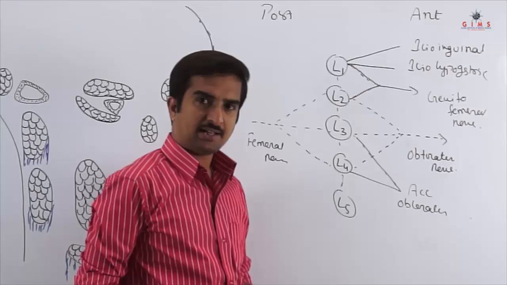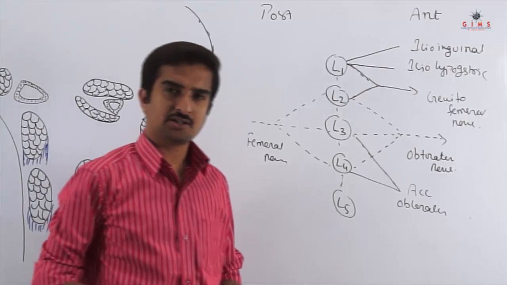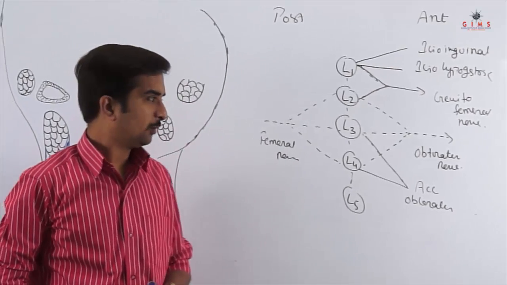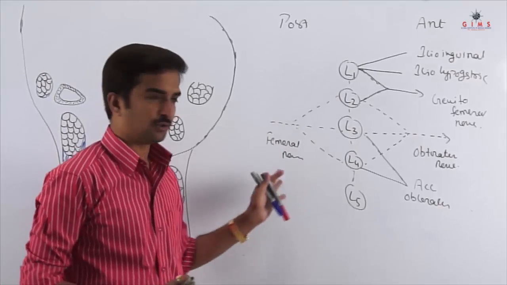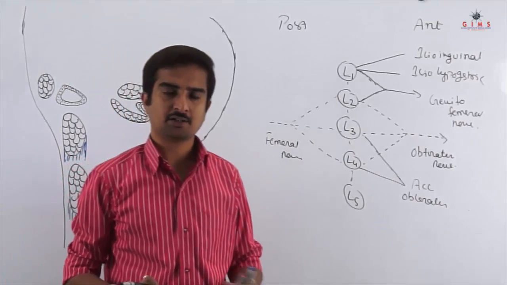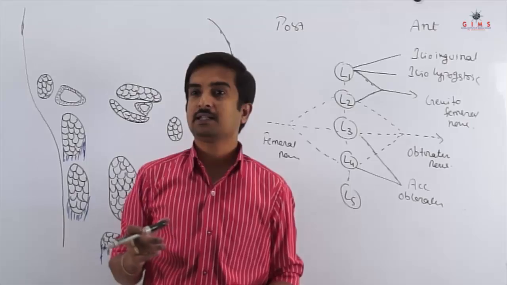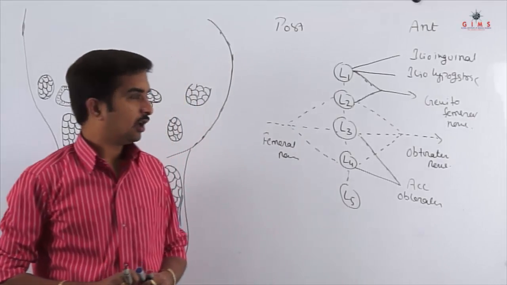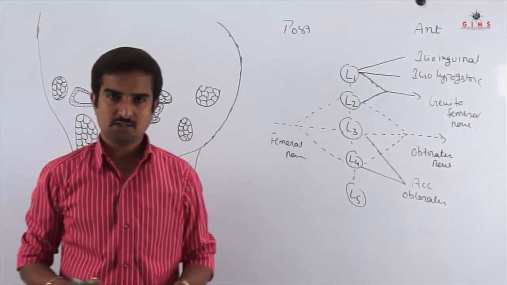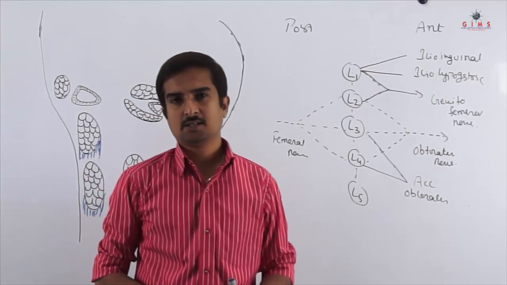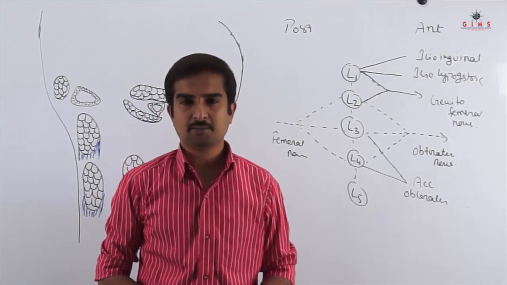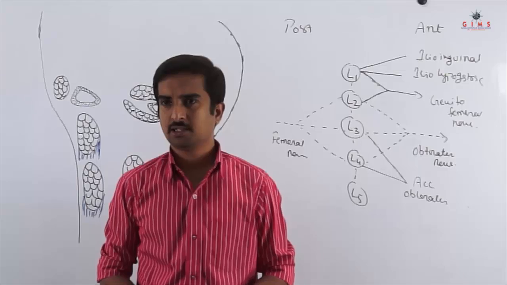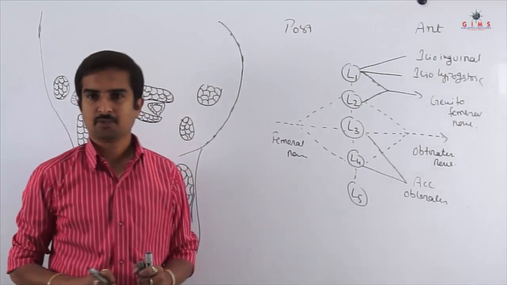Even though there are other branches, our main concentration here is the obturator nerve. To get an idea, I showed you the lumbar plexus and its associated nerves. So we can say that the origin of the obturator nerve is from the lumbar plexus, from the anterior primary rami of L2, L3 and L4.